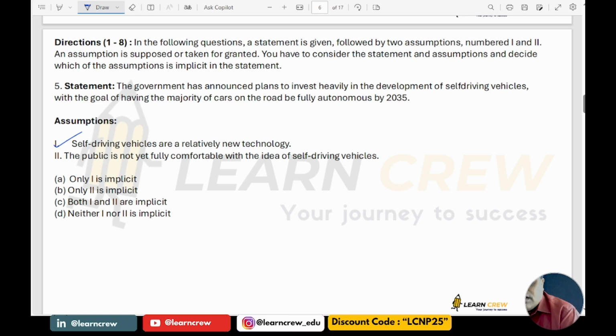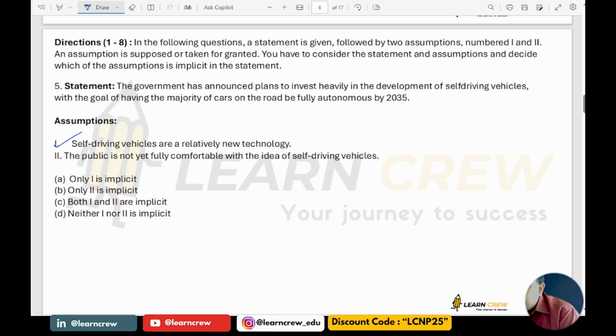And what about 2? The public is not yet fully comfortable with the idea of self-driving vehicles. There is no mention in the statement of any concerns or hesitations from the public regarding self-driving vehicles.